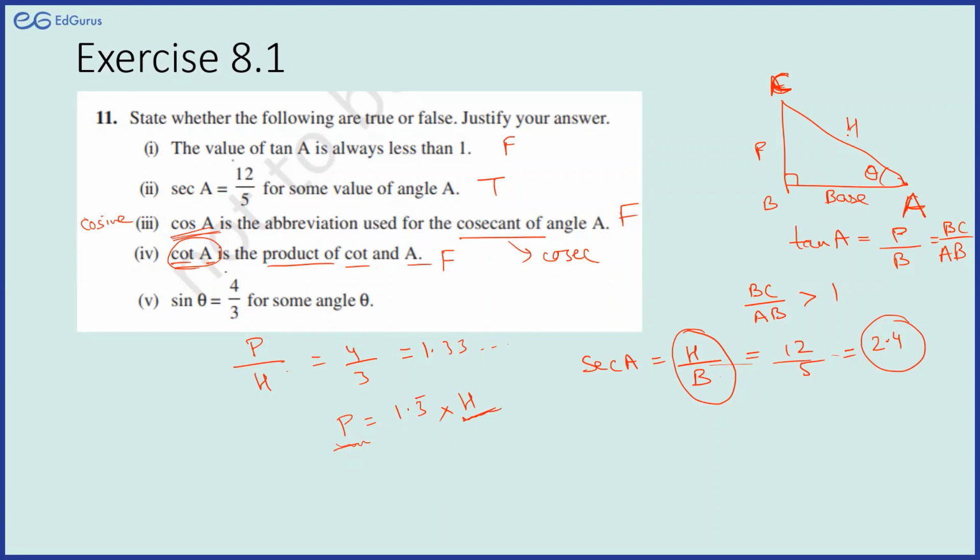Hypotenuse is the longest side of the right angle triangle. So sin theta can never be more than 1. Perpendicular will always be shorter than the hypotenuse, so the ratio will always be less than or equal to 1.